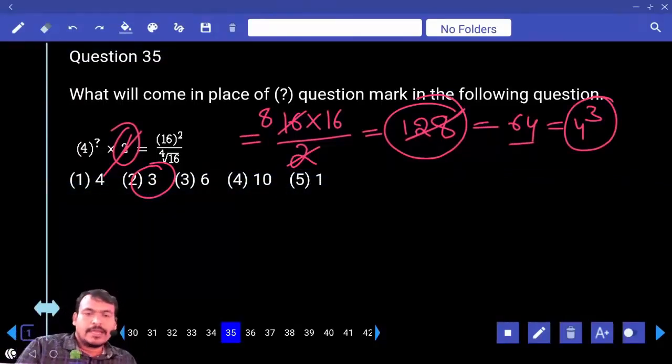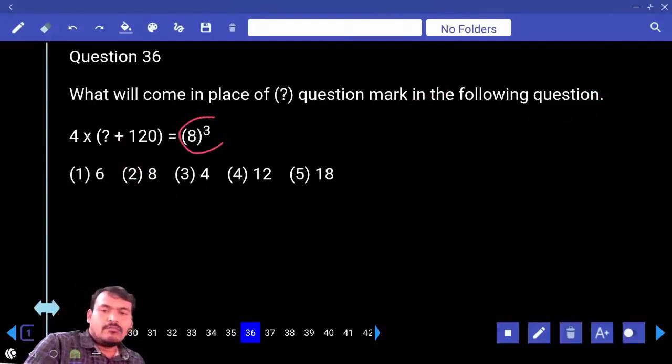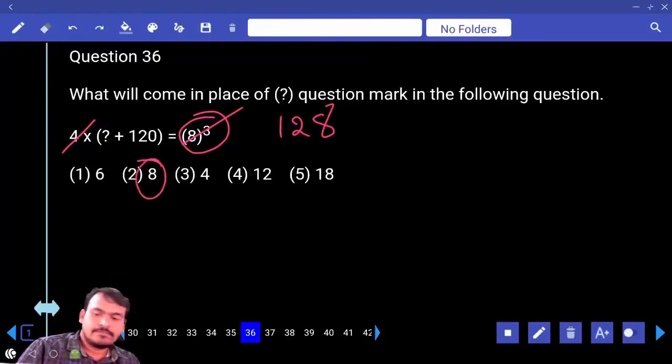Next, 36. What is the right hand side value? 8 cube. 8 cube means 512. 4 how many times 512? 128 or not? 128. Something plus 120 equal to 128 means something must be 8.